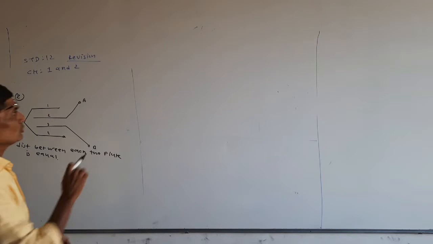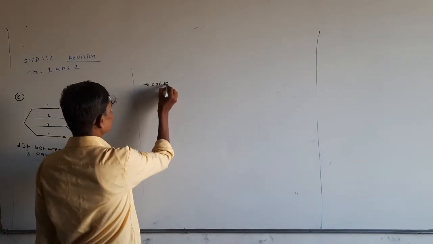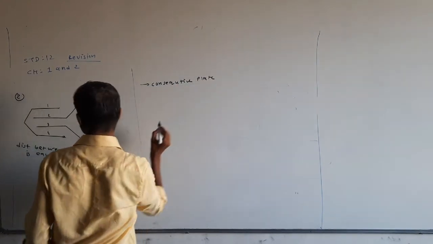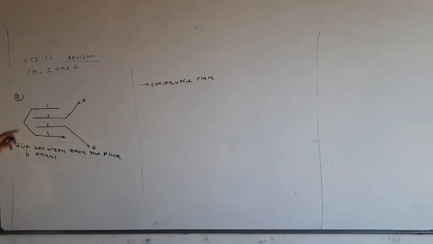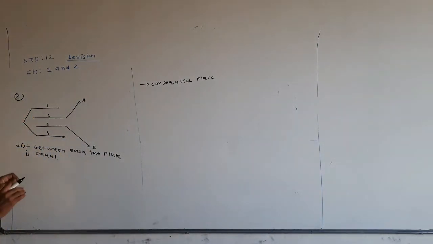Now, two things we have to keep in mind. These two plates should be consecutive plates. So we can take 1 and 2, then 2 and 3, we can take 3 and 4, but we cannot take 1 and 3. So they should be consecutive plates, and one from A and one from B.